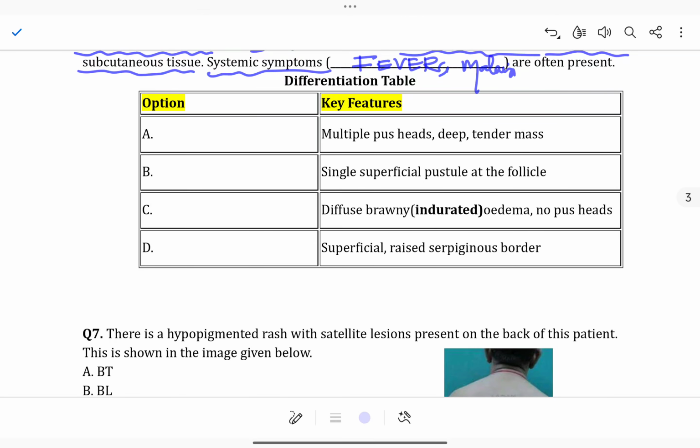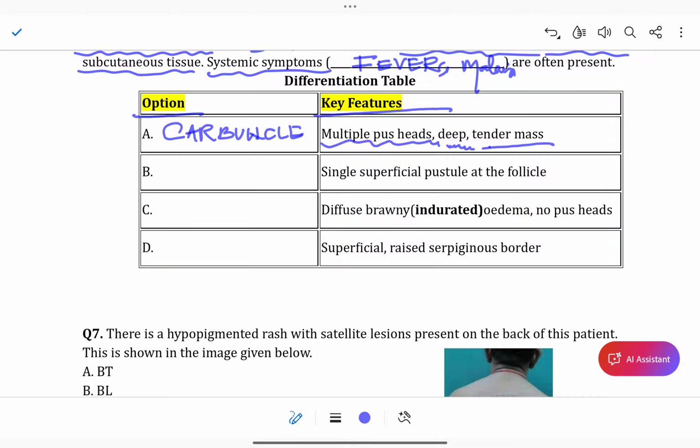Key features. I have written here the key features of the options. Carbuncle has multiple pus heads, and all this will be a deeper, tender mass. Okay. What is carbuncle?